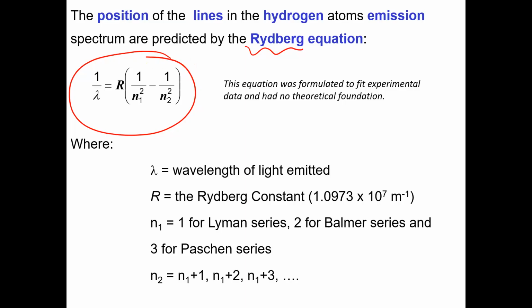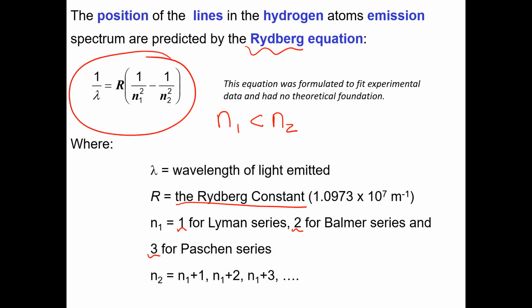That is, 1 over the wavelength of the light emitted is equal to R, which is referred to as the Rydberg constant, multiplied by 1 over n1 squared minus 1 over n2 squared, where n1 is an integer less than n2, and the value of n1 depends upon whether we have a line that is in the UV, the visible, or the infrared.